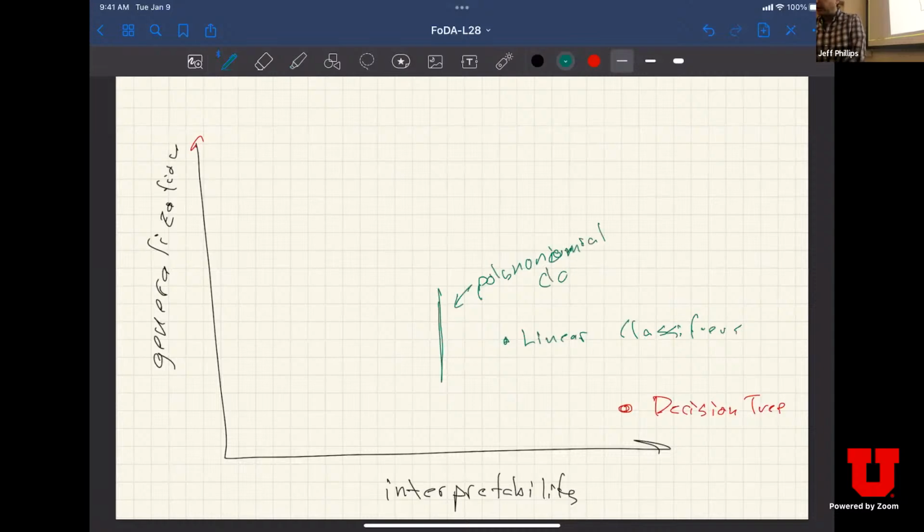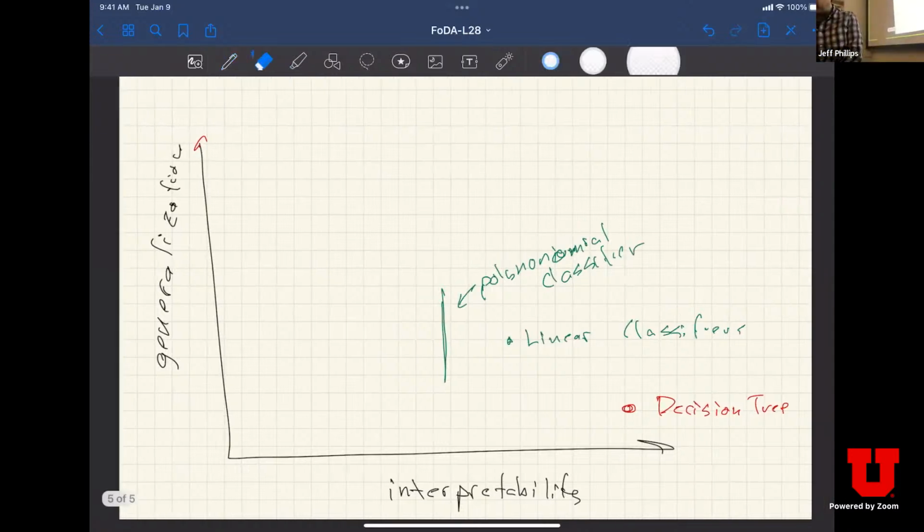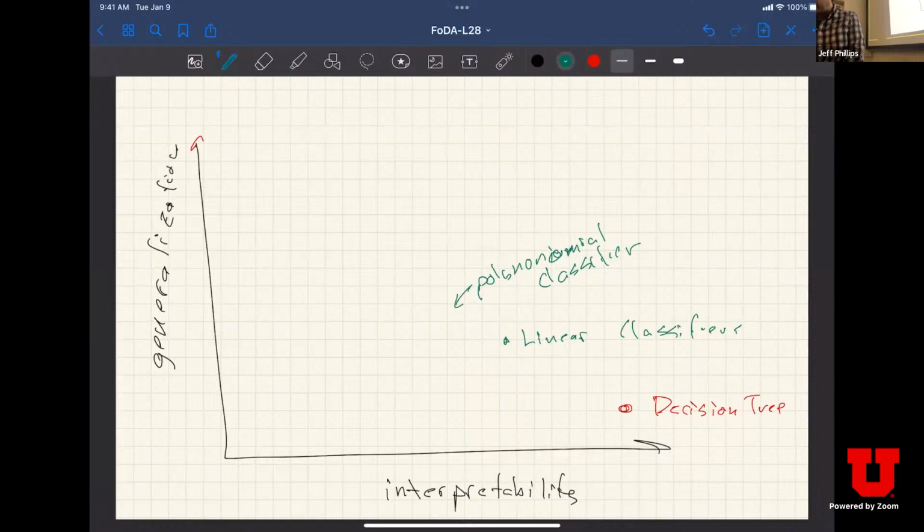So there's less interpretability, but maybe this is even an angled line, where the higher the degree of the polynomial, the less interpretable it gets. And at some point, the generalization is better, and then you start overfitting, and it goes back down again, and it is less interpretable what's going on.